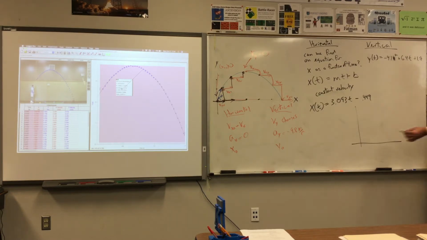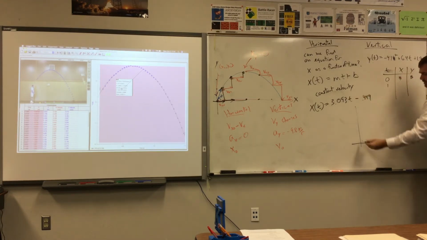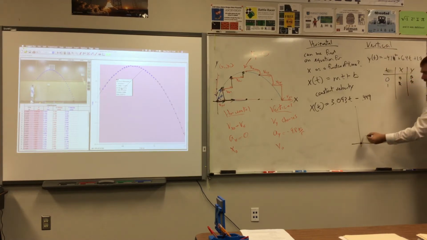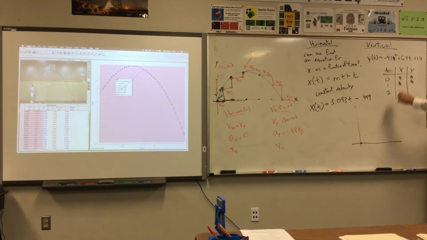With our calculator, we can make a table for time, X, and Y. At time 0, it plugs in 0 and comes up with a number for X and a number for Y. Plug in 1 for the time, figure out what those numbers are, and plot it. Plug in 2 for time, get a number, plot that point.